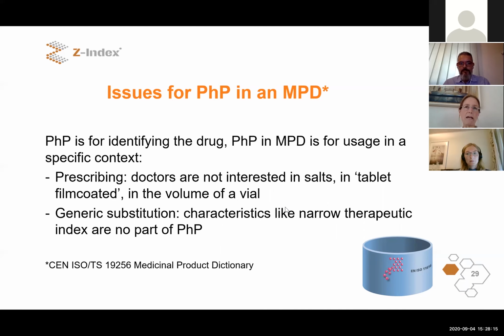So it can be the case that the usage of an abstract level in healthcare needs something different than the abstract level of the present PhP for the use case of pharmacovigilance and the exchange of information between the pharmaceutical industry and the national competent authorities, the NCAs.